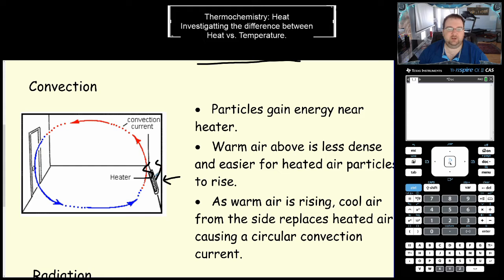So here I'm trying to draw some heat being released. This heat from the warm air that's released from the vents is less dense than the air around it. And what happens is this hot air starts to rise. Okay? This hot air rises up because it's less dense.